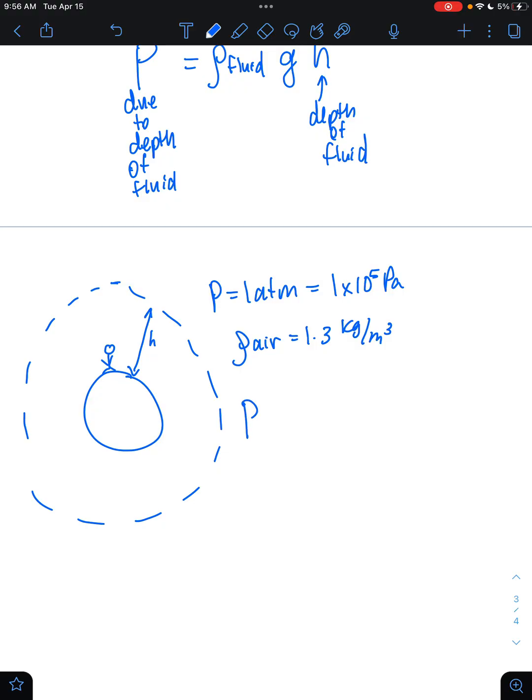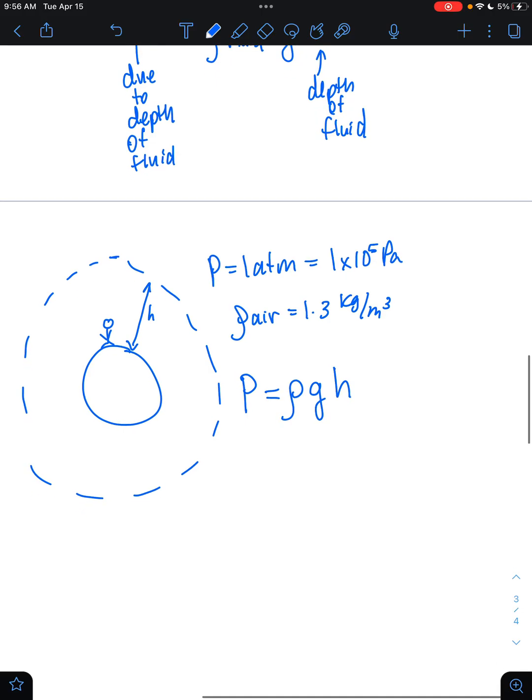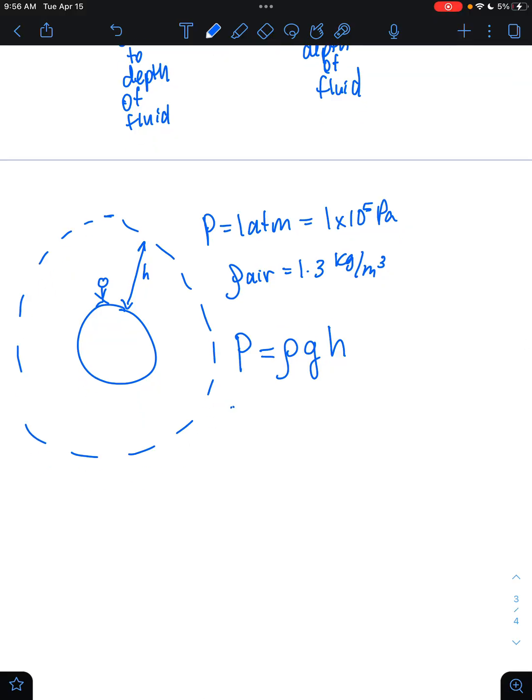And so if we use this equation, that pressure equals the density of the fluid times g times the depth that we're under, we could say that 1 atmosphere of air, 1 times 10 to the 5th pascals, is equal to the density of the fluid, which is air, times g, which is 9.8 or 10, times the depth we are underneath the air.